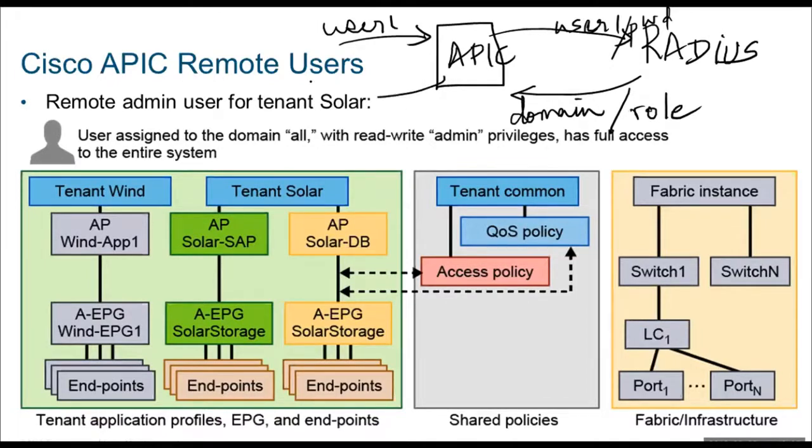And that's how the user is authorized. So your radius server is propagating those privileges back to the APIC controller.